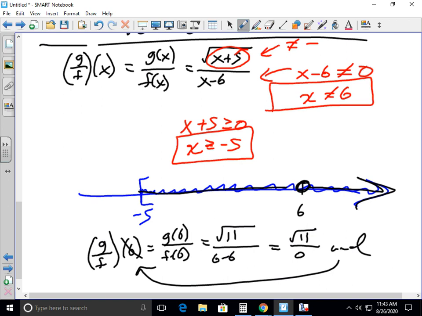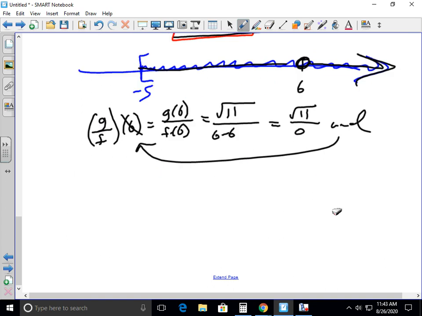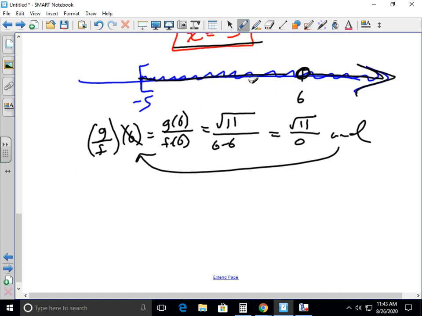Any other number that's greater than or equal to -5 is okay. So how do we write that as an interval? Well, this is two different sections. So we go from -5 and we approach 6. We just don't quite make it. And then the other side, we're really close to 6, and that goes to infinity. Two different intervals, then we put a union.